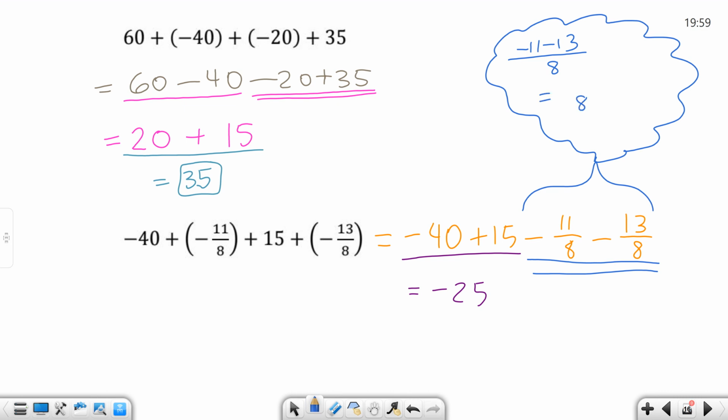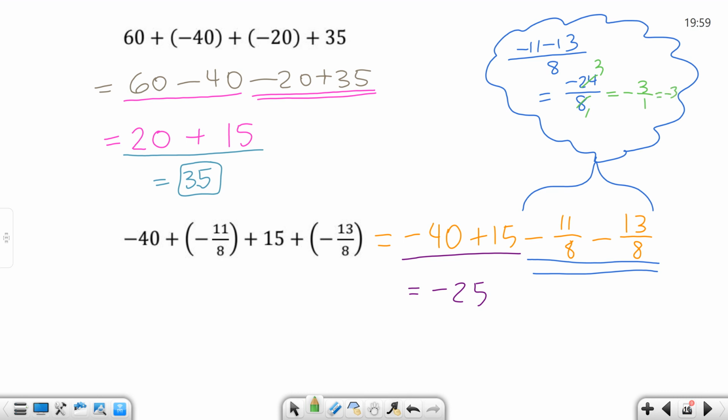So this is still going to be over 8. I add them together. 11 plus 13 is 24, and it stays negative. Does 8 go into 24? It sure does, 3 times. So this becomes negative 3 over 1, but we don't ever answer over 1.